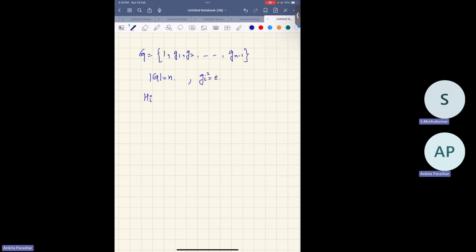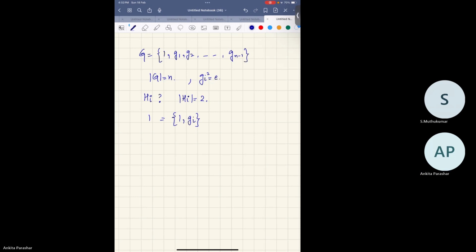Tell me all the h_i's such that h_i has order 2. How many are there? Can you see that? I think it's easy now. The identity along with any one of the g_i's.